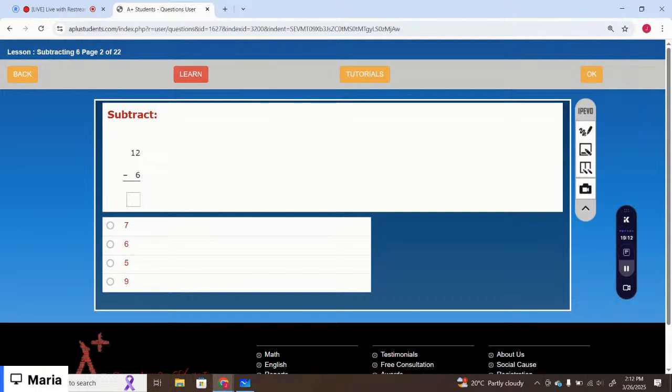12 take away 6. 12 take away 6 is 6. Option number 2 is the correct option.